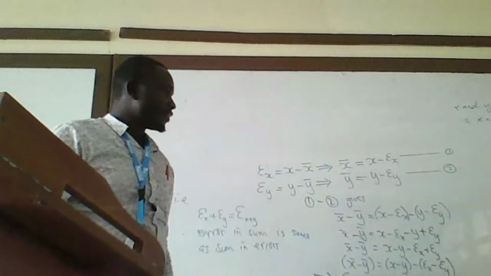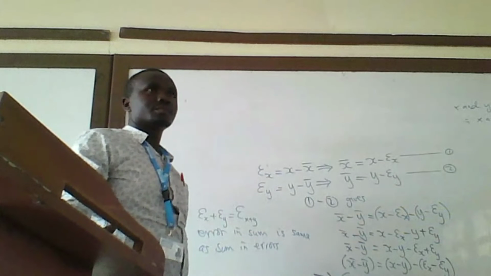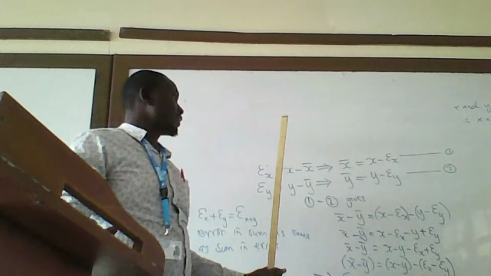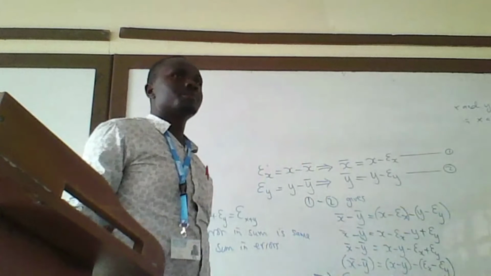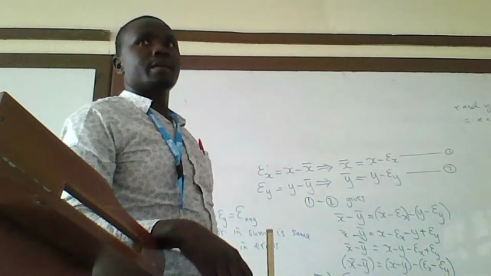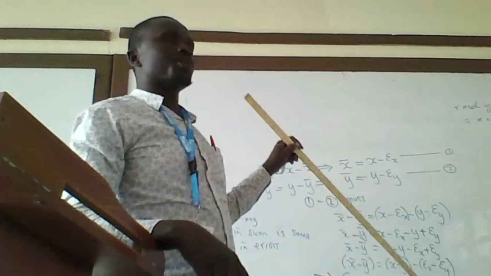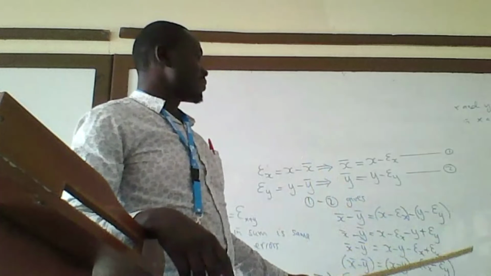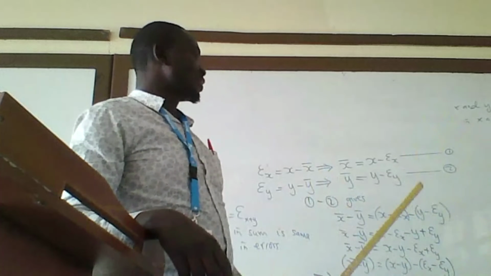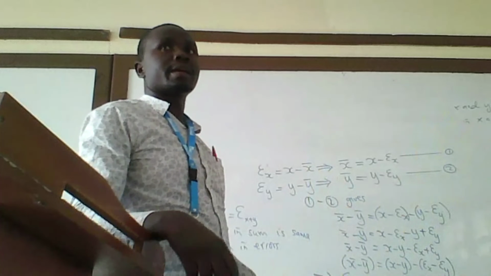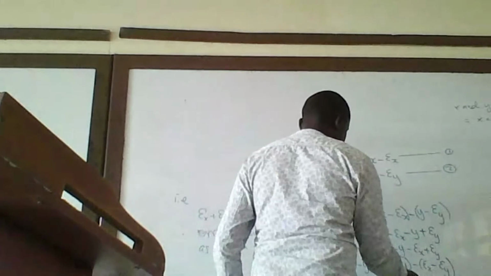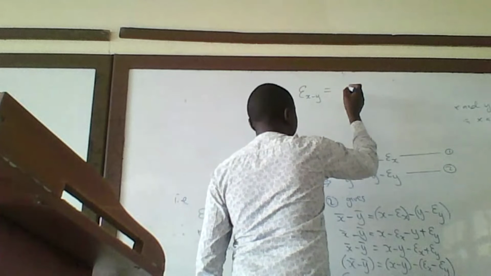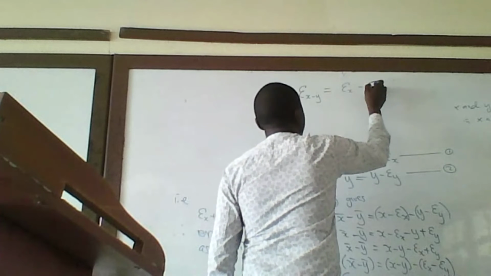So by default, the right-hand side defines, taking the same conventional notation, x minus y the exact difference. Then bar x minus bar y is the approximate difference. So the difference of the two should give us the error in x minus y. So you can say the error in x minus y is equal to error in x minus error in y.